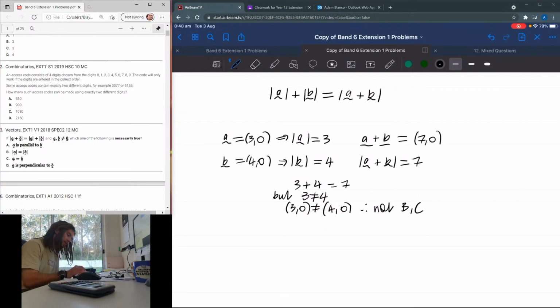That should be enough to convince yourself that I get how to do this question. That should just be enough to convince yourself that it can't be anything else other than something that's parallel. Because if I had done this with perpendicular, which is what I was trying to do before, like I had (4, 0) there, they're perpendicular.